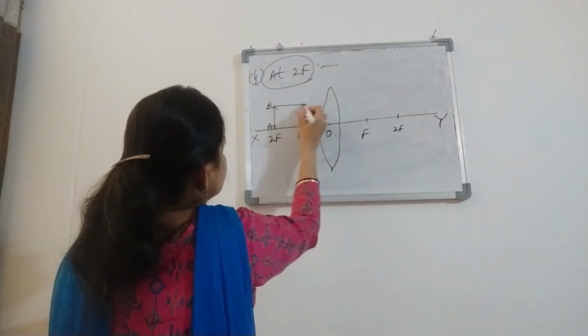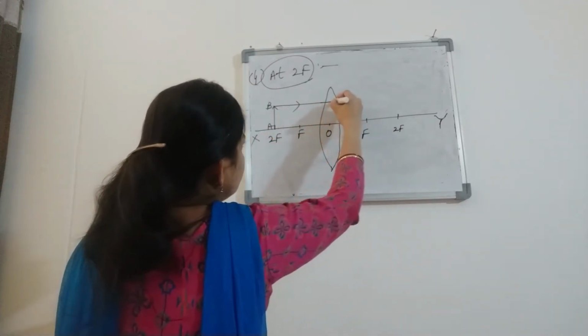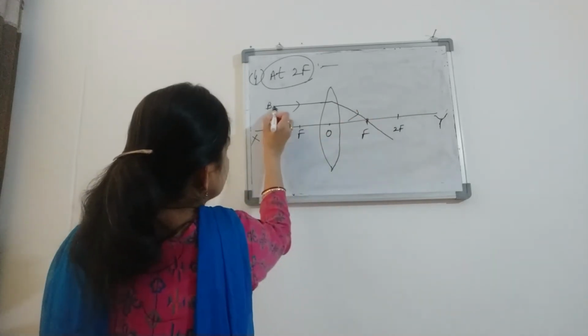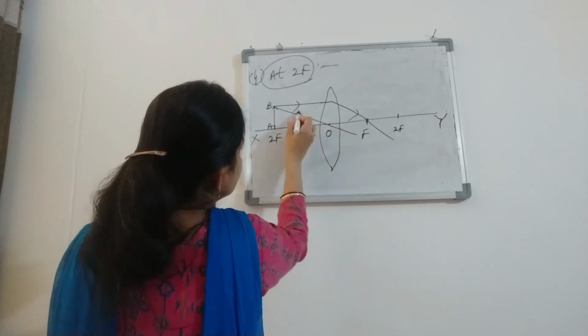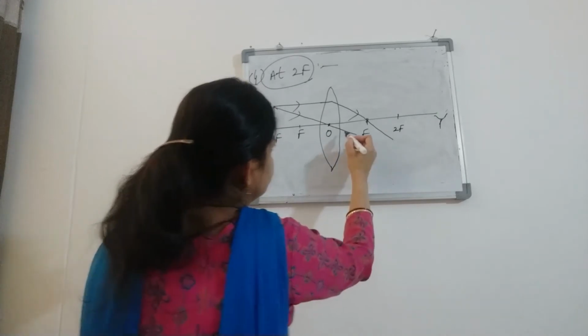This is incident ray which is parallel to principal axis, and it will refract through the point F. Second, draw the incident ray which is passing through the optical center, means it will be undeviated.